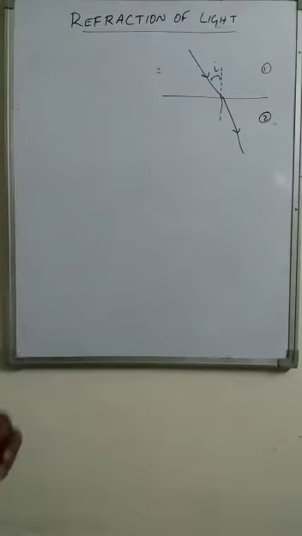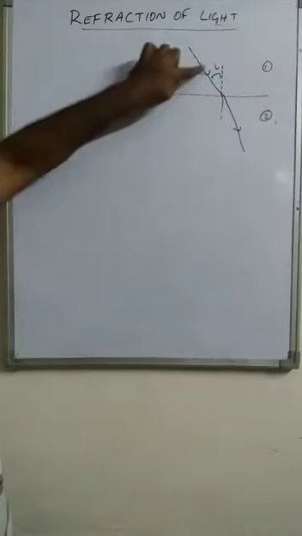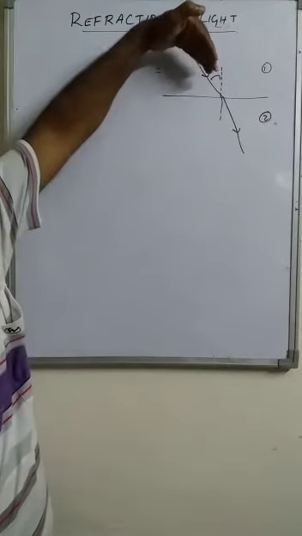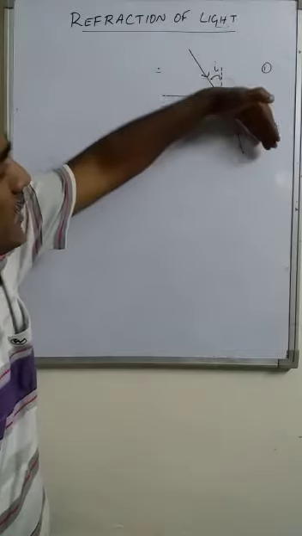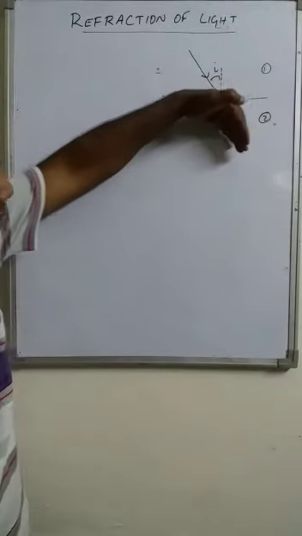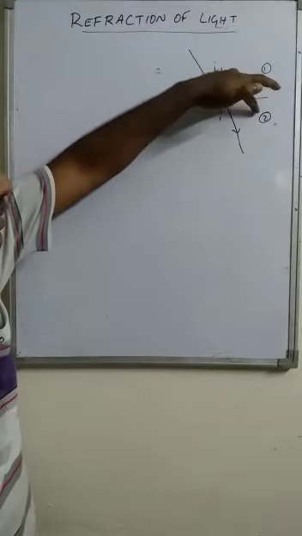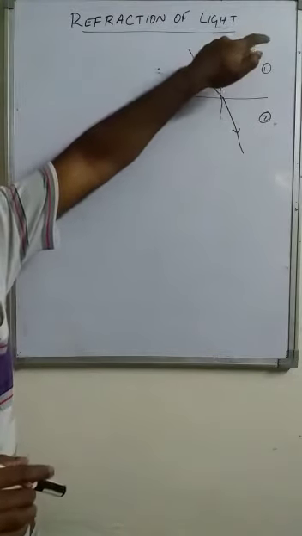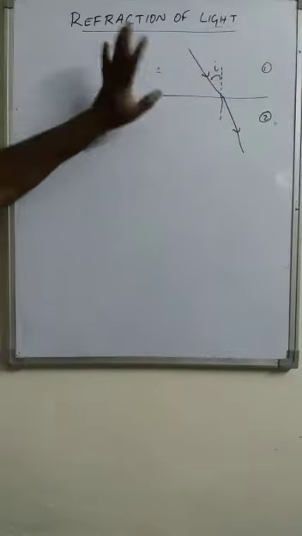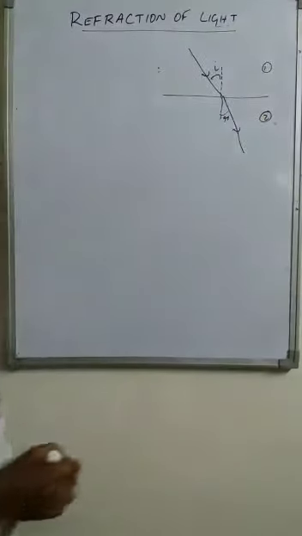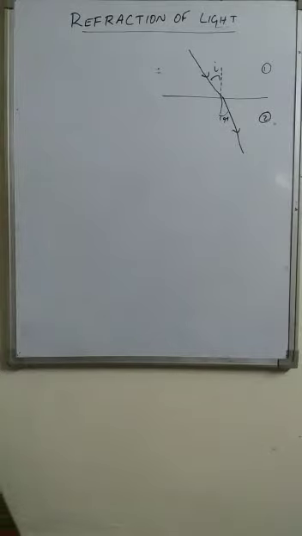Here you can see we are deviating the light ray. Actually, if there is no change in medium, it must travel along a straight line. We are deviating the light ray towards the normal. So it means 2 must be denser, and the first must be rarer. Here it makes an angle R, that is the angle of refraction.